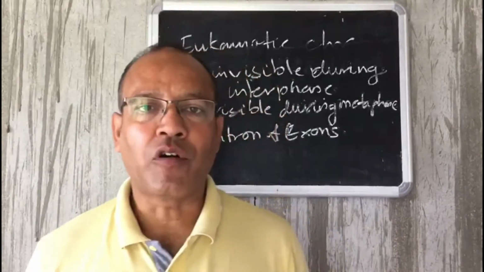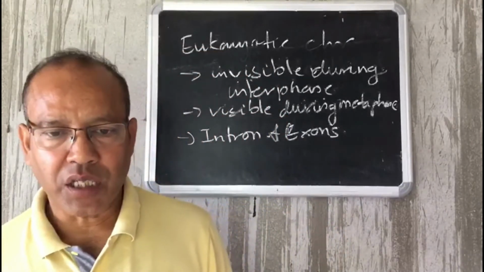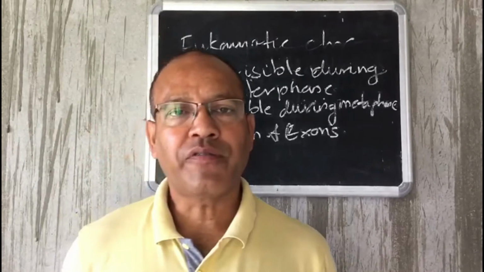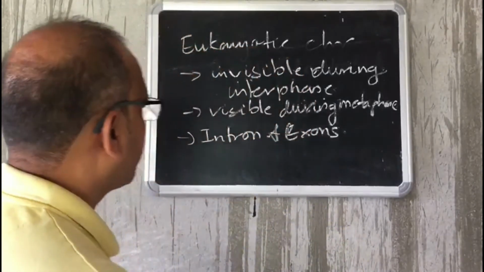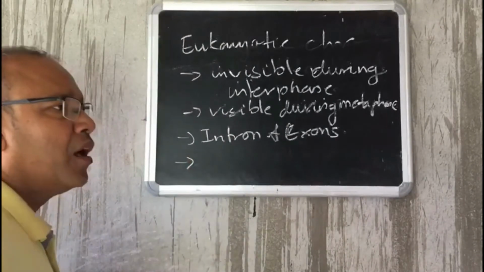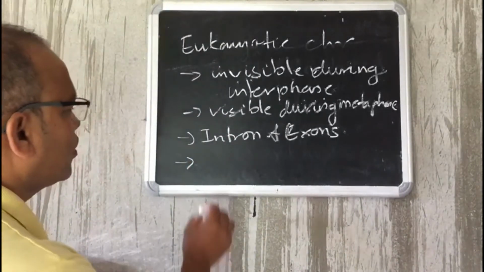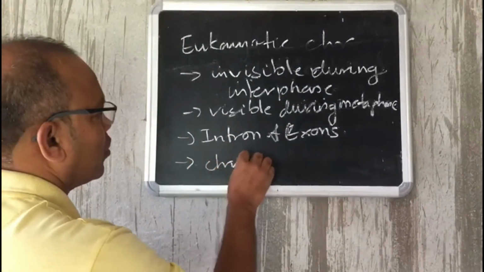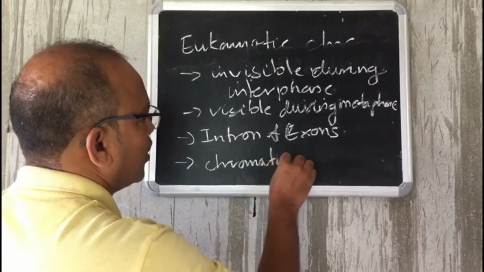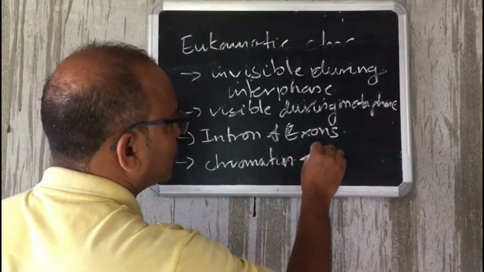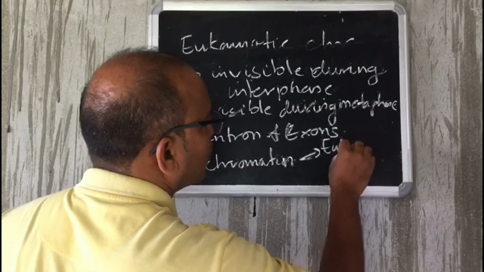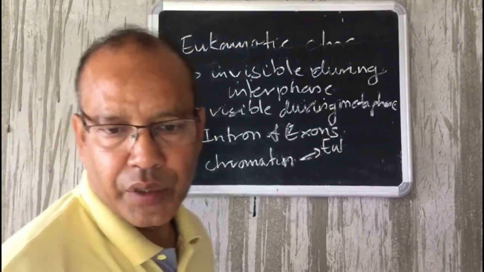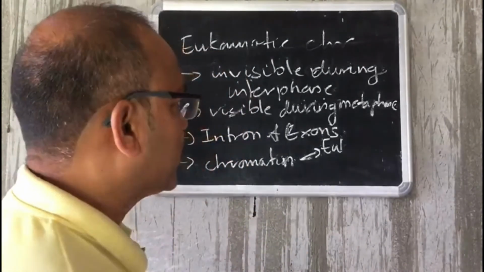They are made up of complex nucleoproteins called chromatin, composed of euchromatin and heterochromatin. This chromatin is of two types, euchromatin and heterochromatin.